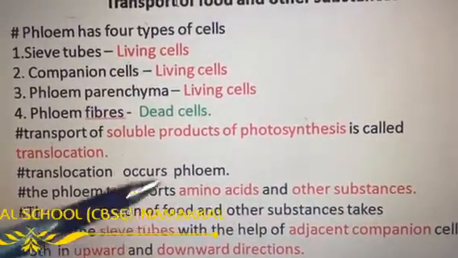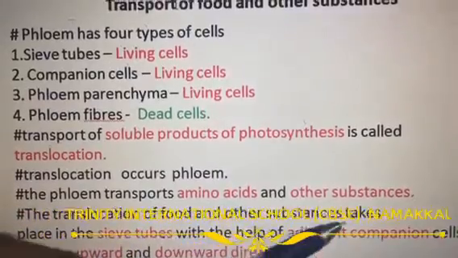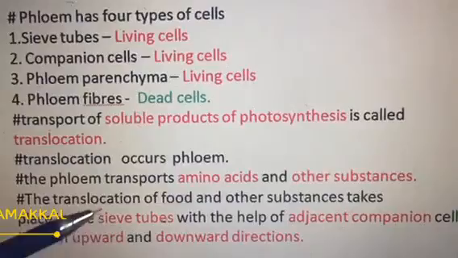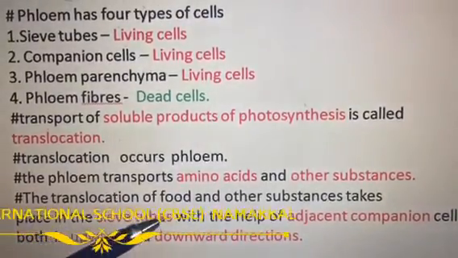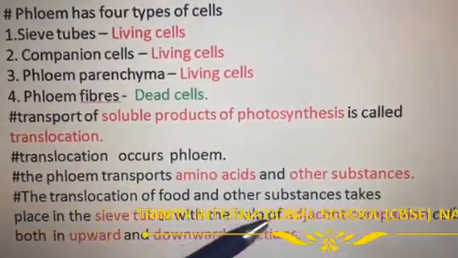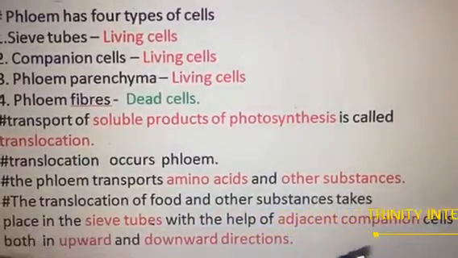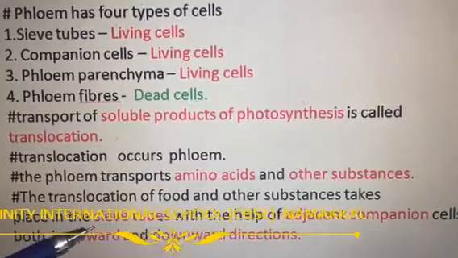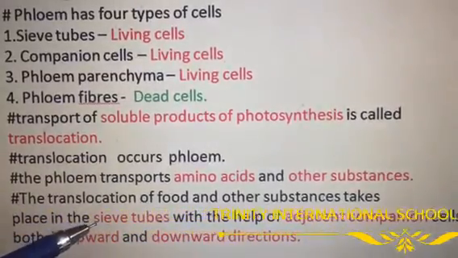The translocation of food and other substances takes place in sieve tubes, very important, sieve tubes, with the help of adjacent companion cells. In xylem, what happened? The water and minerals are conducted by the tracheids and vessels.